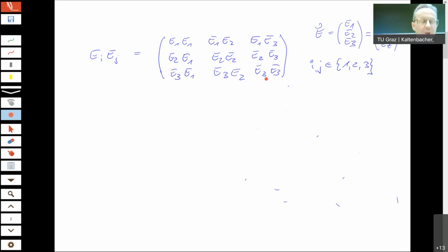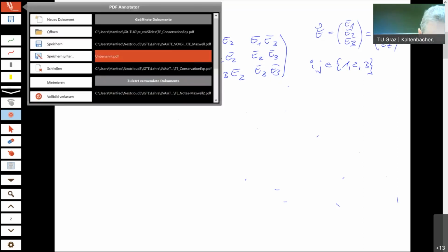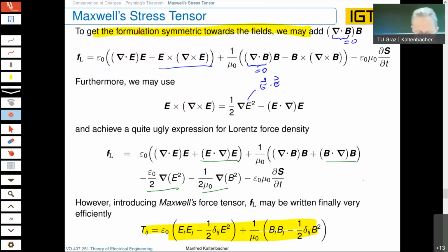So you see this Einstein notation then really makes sense. So you see in this sense that we use here these indices i and j, and then get here our tensor, or simply speaking, the 3 by 3 matrix.